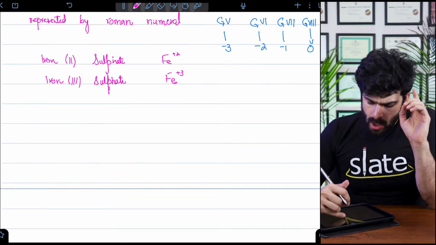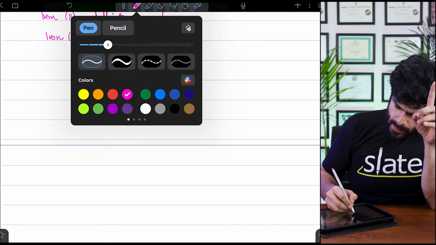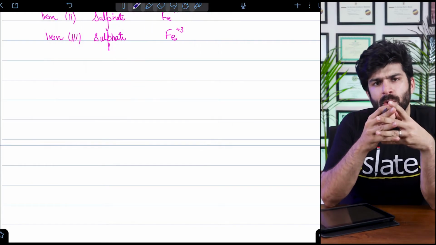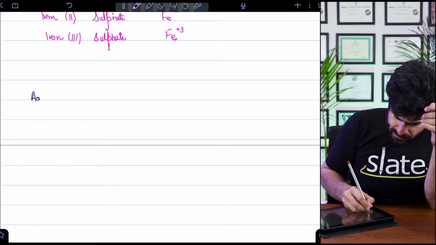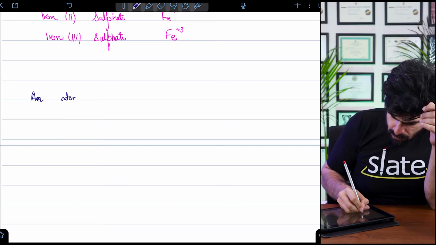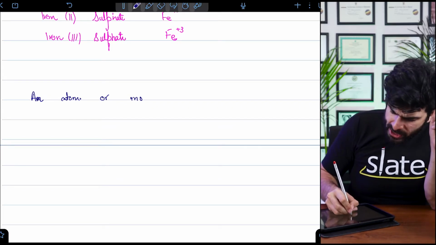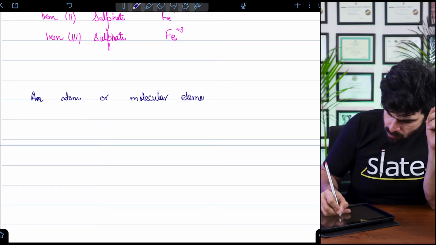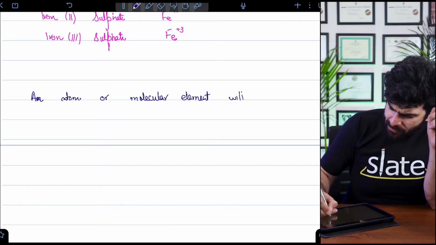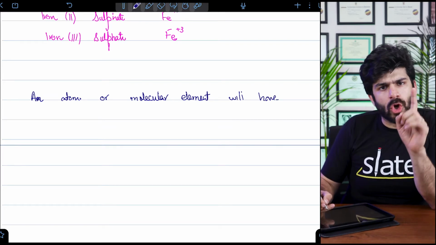For oxidation state, there are a few things that you need to keep in your mind. An atom or a molecular element will have an oxidation state of 0, just like an atom has no charge, it's the ion that has charge.